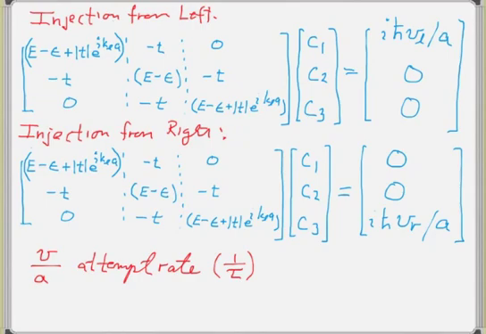And so this source term can be viewed as just h bar times an attempt rate. So by the source term, I mean this term on the right-hand side of the equation can be just viewed as h bar times your attempt rate, 1 over tau. H bar times an attempt rate.